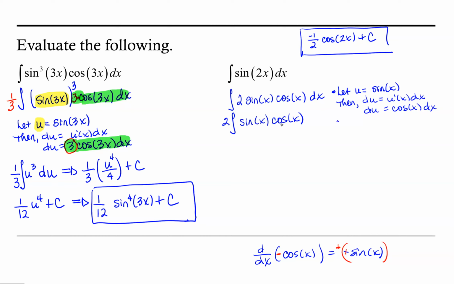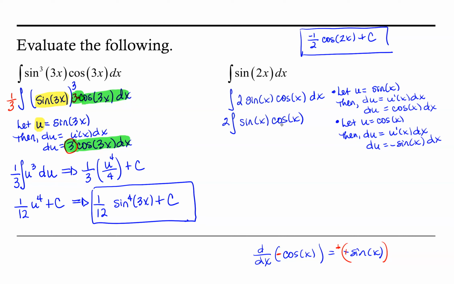Or we could say, because sine and cosine are derivatives of each other, let u equal cosine of x, and then du, which is u prime of x dx, is equal to negative sine of x dx.